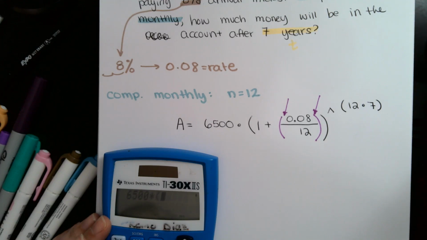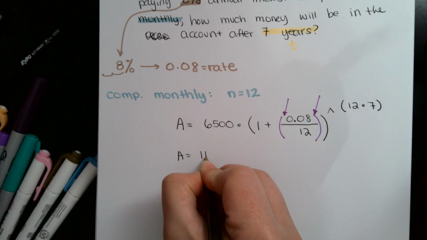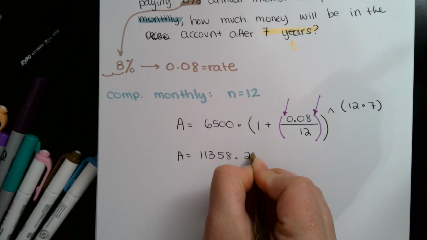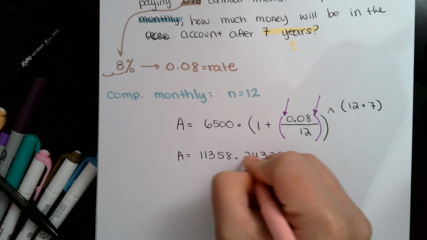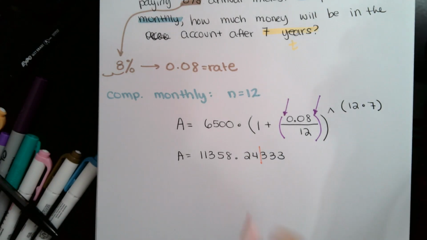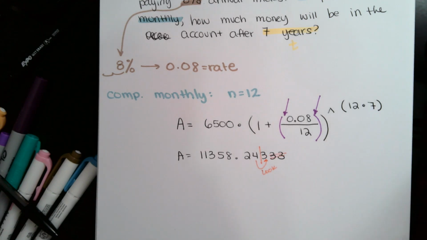6500 times open, 1 plus open, 0.08 divided by 12, close it, caret, open, 12 times 7, close it, equals. Again, we're going to write everything down for rounding. 11358.2433, rounding to 2 decimal places, which means I'm looking at the 3, the next number, which is smaller than 5.